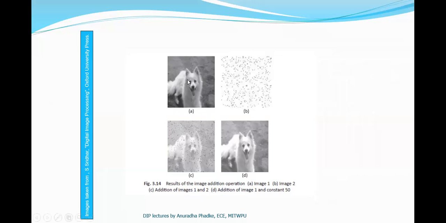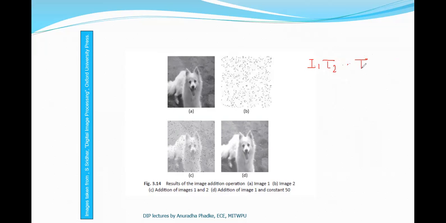In order to remove this type of noise, what we can do is, instead of capturing a single image of the desired object, capture multiple images of it. Say this is your desired object. Instead of a single image, we can capture, say, 10 images of the object, I1, I2 up to I10.